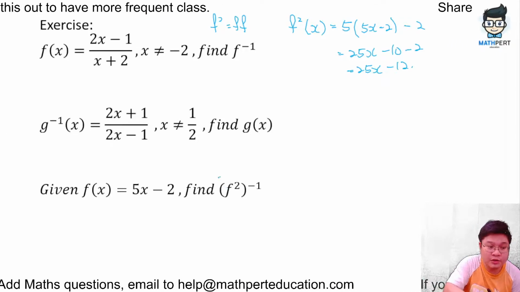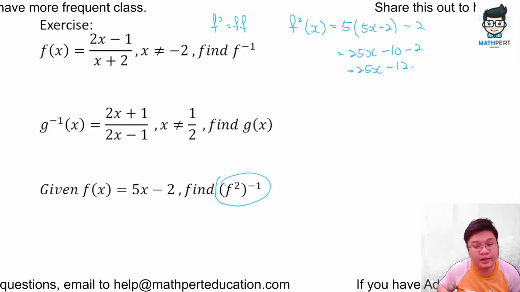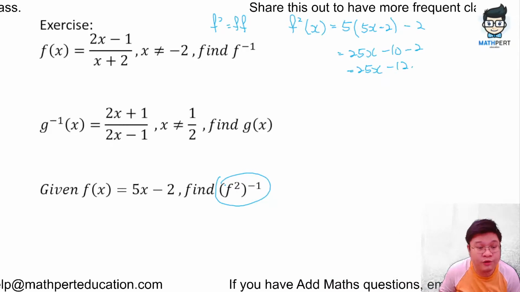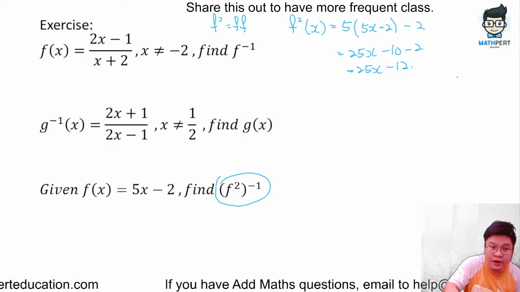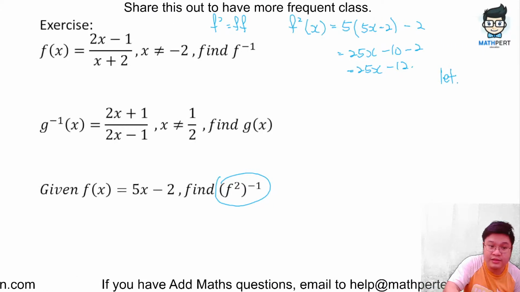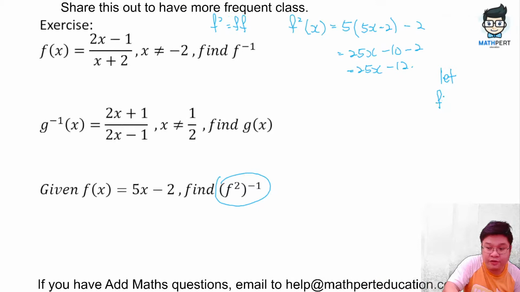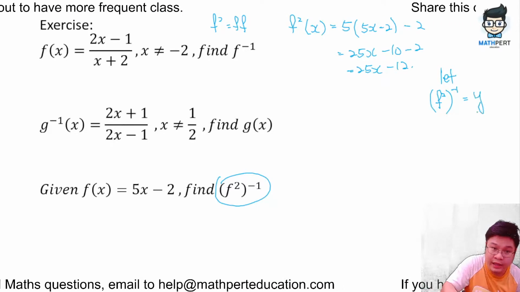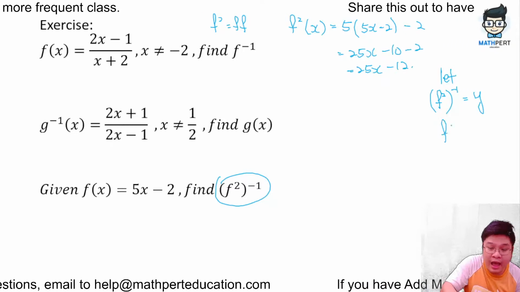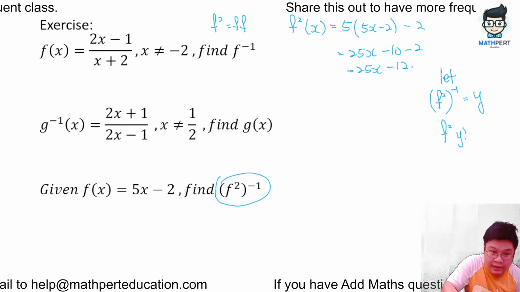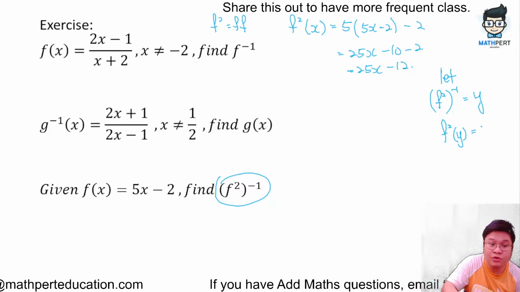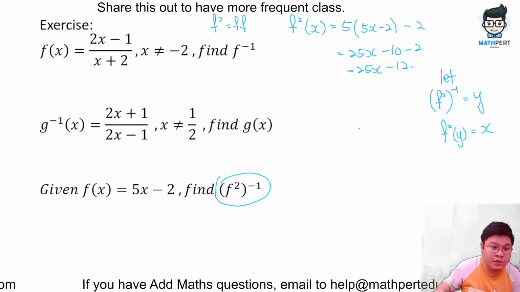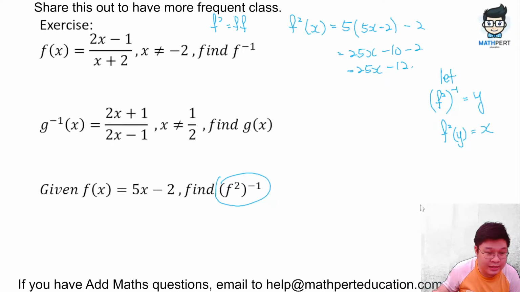But the question is asking for the inverse of this. How do we find the inverse? Again, we let f square inverse equal y, so f square y will be equal to x. Let me change the ink color.